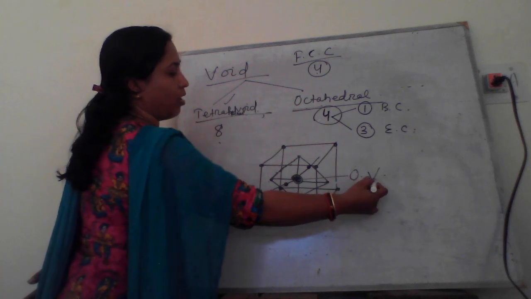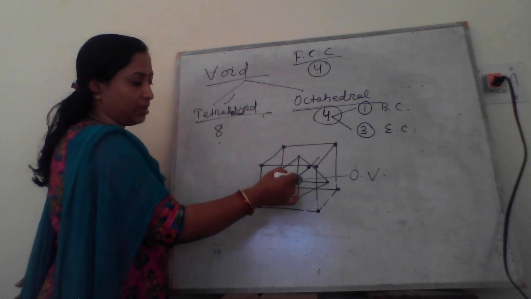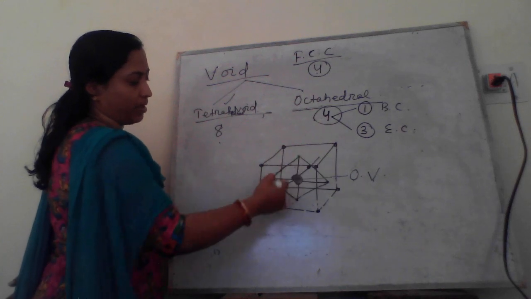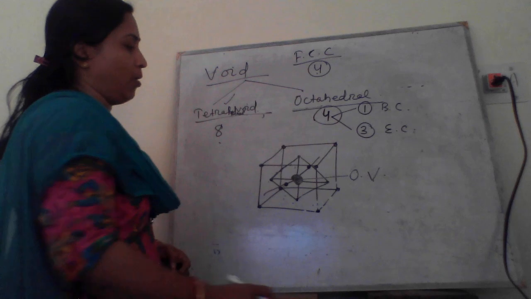It forms an octahedral shape. So this is your octahedral void.